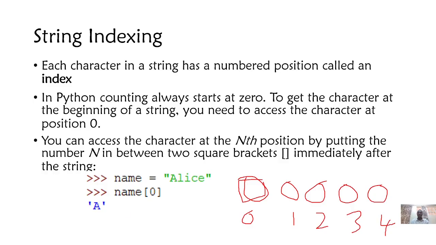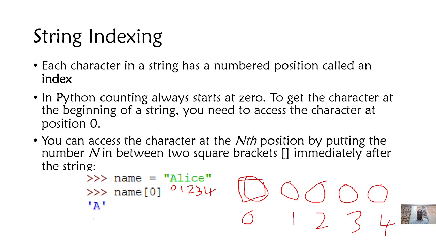What will be printed is A. Here we have 0, here 1, here 2, here 3, and here 4. So if I say name in square brackets and inside I put 2, what will be printed here is I. So let's see how it is done.